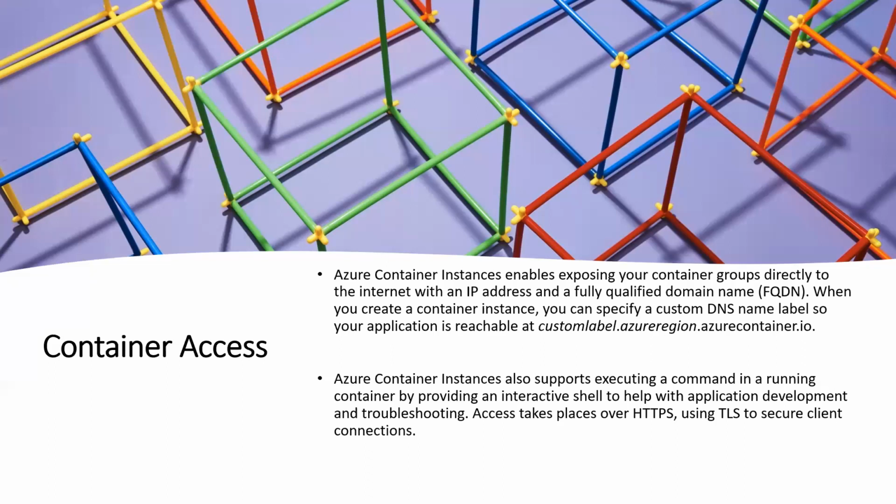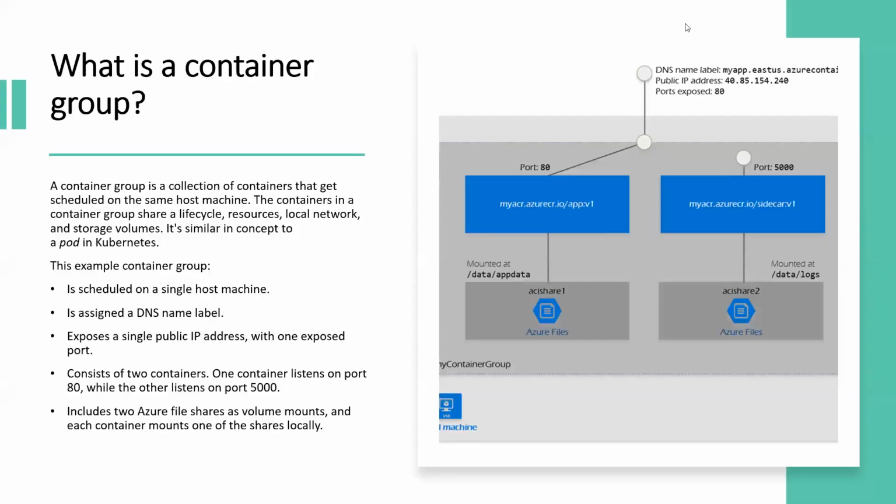So your application is reachable at the created DNS name label. Azure Container Instances also supports executing a command in a running container by providing an interactive shell to help with application development and troubleshooting. Access takes place over HTTPS using TLS to secure client connections.